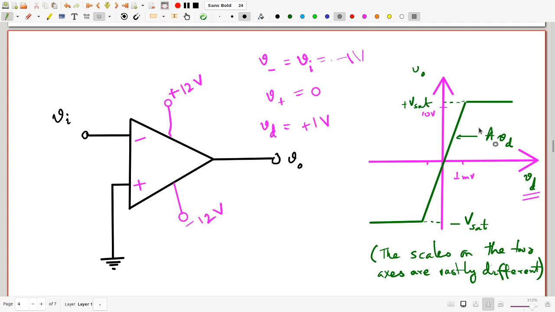So there's a very, very tiny window over which the output will not saturate, will actually behave like a linear function. That's not something you can actually manage by design. This range is so tiny that if you were to control your voltage from outside, the chances are overwhelmingly high that you are going to get either plus Vsat or minus Vsat as the output.